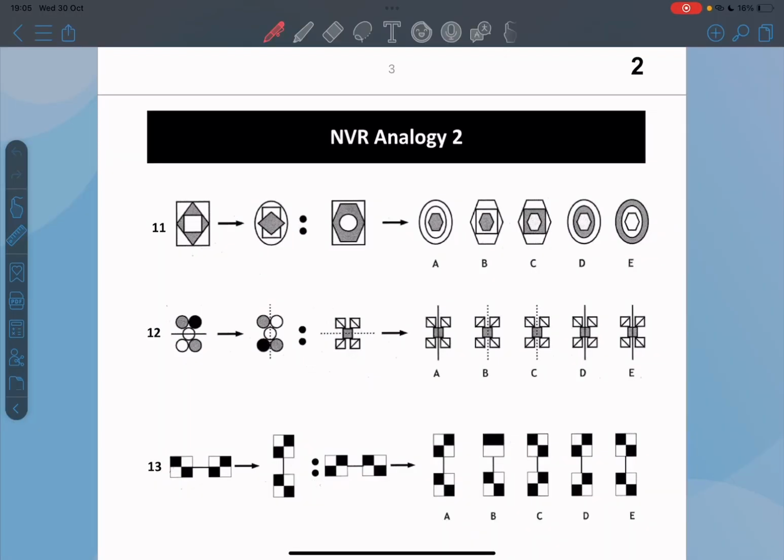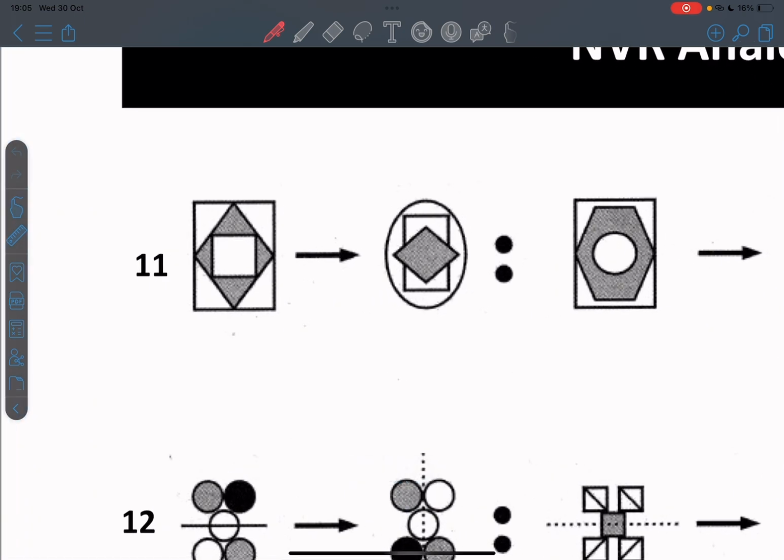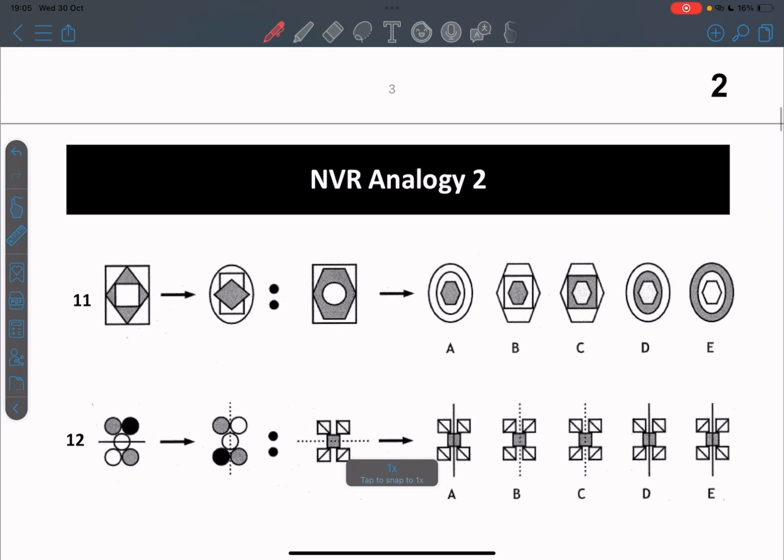So what we can assume is happening here, if we look at left to right, this is a rectangle, and then we've got a circle. So a rectangle changing to an oval. The diamond, or the grey shape here, seems to change to a rectangle.